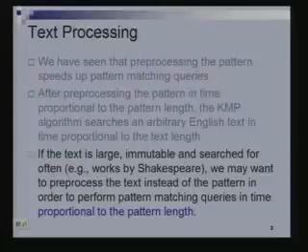So what we want to do today is process the text so that I can search for a pattern in time proportional to the length of the pattern. This is great because patterns are typically very small, 7 characters, 15 characters, while your text could be 1,000,000 characters large.